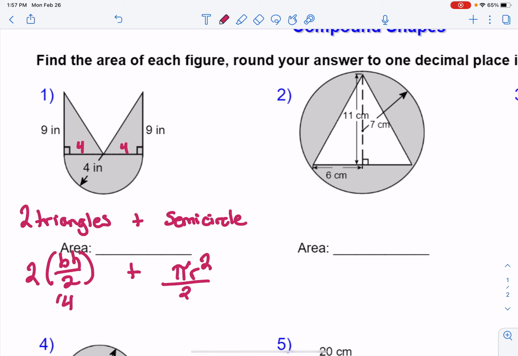So I'm going to write 4 times 9 divided by 2, and then when I'm done, I'm going to multiply that times 2. 4 times 9 is 36. 36 divided by 2 is 18. 18 times 2 is 36. So that means the area of our 2 triangles is 36.